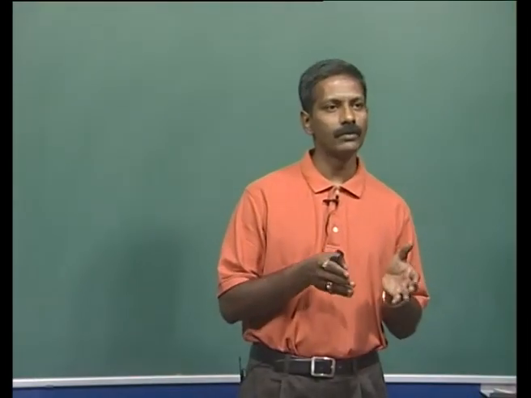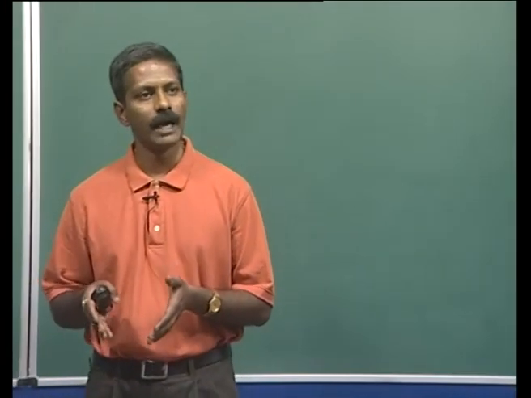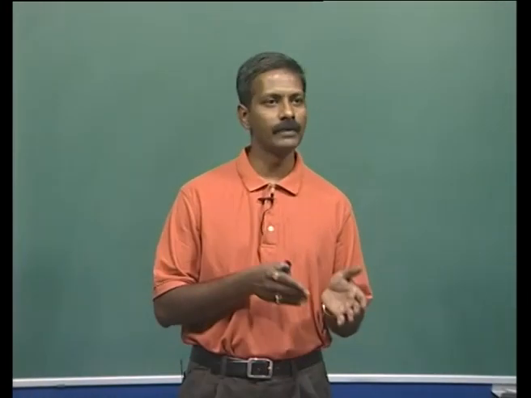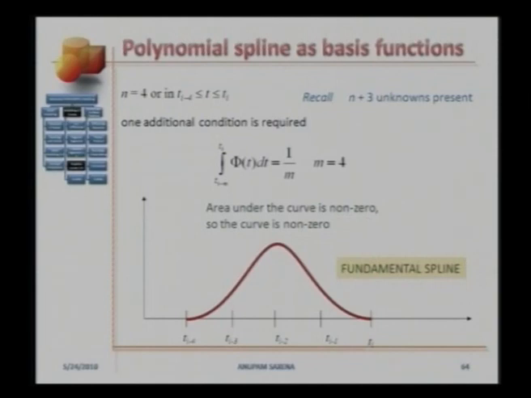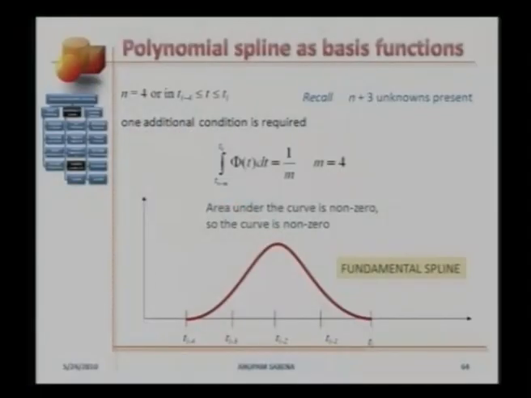All right. So the position, slope, and curvature were all 0 at the 2 ends. That made 3 times 2 equals 6 conditions. We needed one more condition to completely and uniquely determine a non-trivial or a non-zero B-spline basis function.